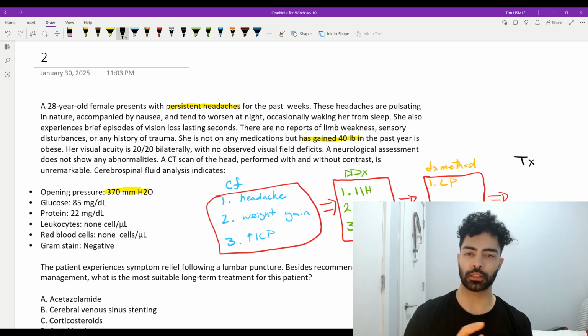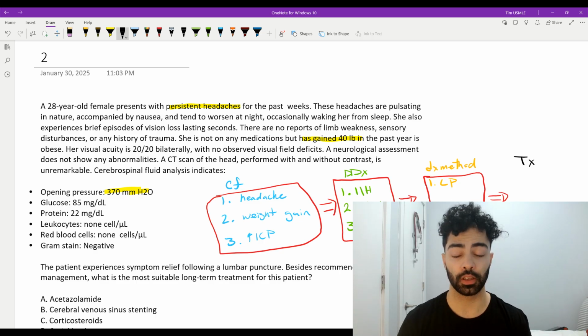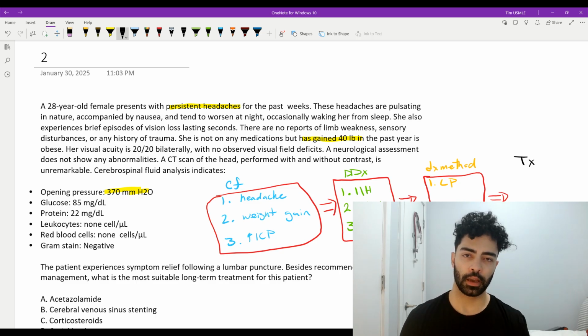First of all, that's going to relieve all the symptoms. But then, as I mentioned before, it's going to prove that relieving the pressure will improve the symptoms. And that's important. And then we want to decide if we want to treat this patient or not.